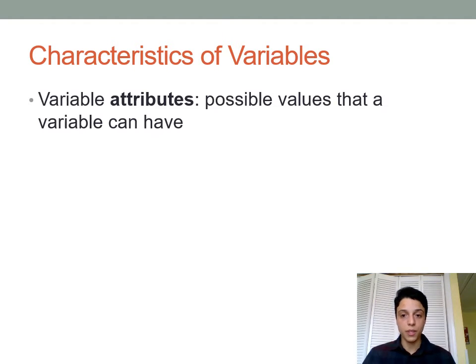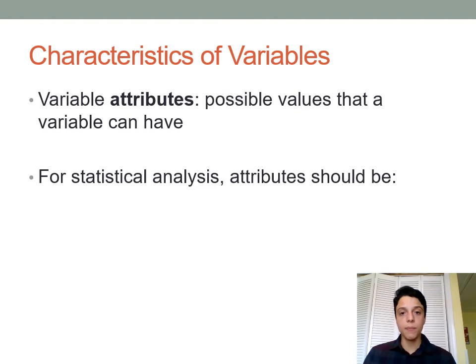Think about whether you support the death penalty. Possible attributes, so possible values that that variable could take on, would be yes, you support the death penalty, no, you don't support the death penalty, or maybe a third one, you don't know, you don't really have an opinion. But again, those would be different values or different possible responses that you could have for a variable.